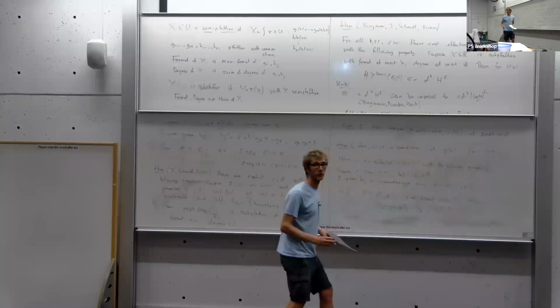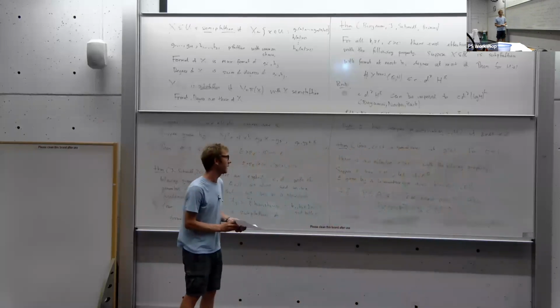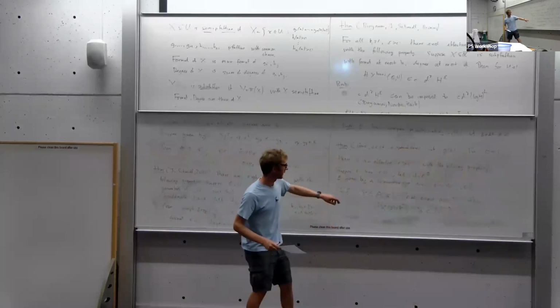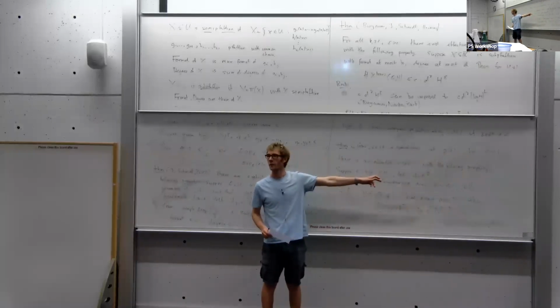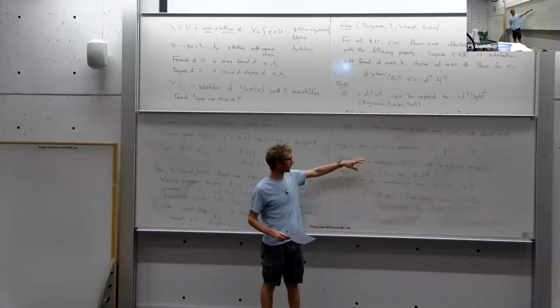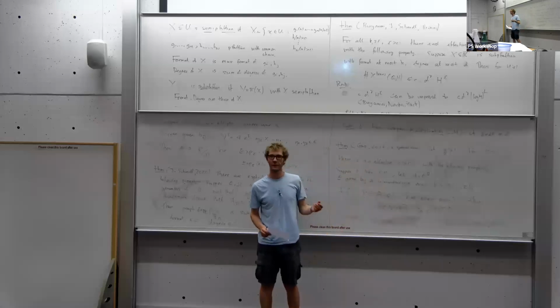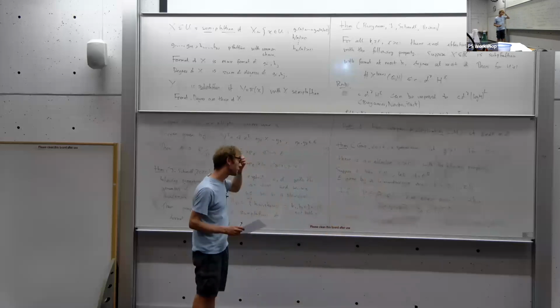Polynomially large in N. And the point here is that this C doesn't depend on E. So it's uniform, assuming complex multiplication, which is a very special assumption.